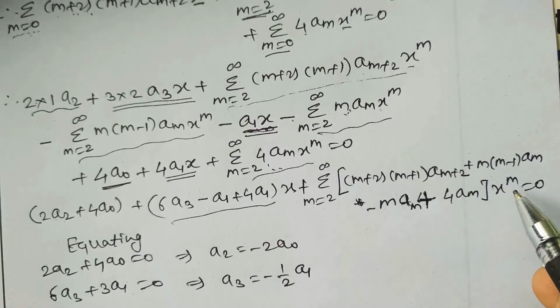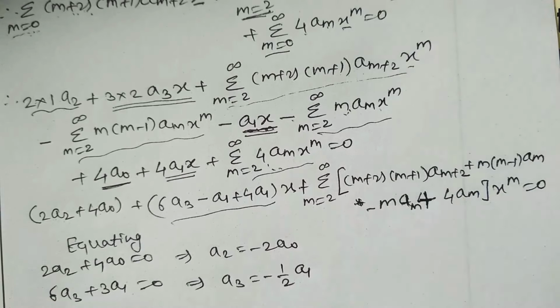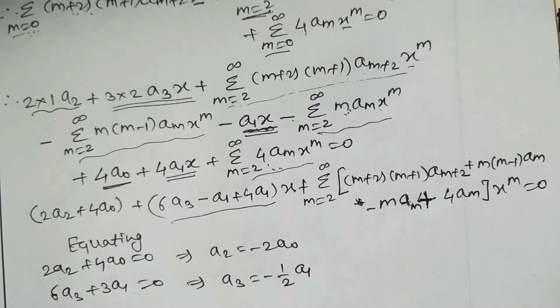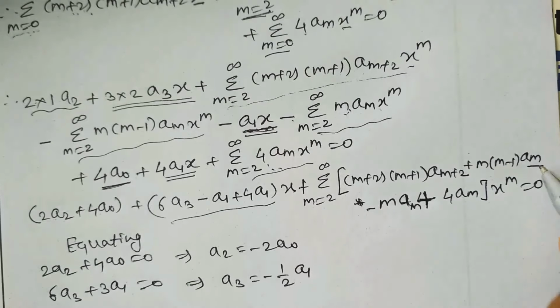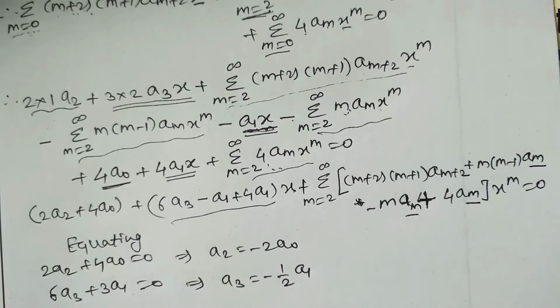And equate the coefficient of x raised to m to 0. So we will get (m plus 2) into (m plus 1) a(m plus 2) plus, now all these three terms contain am, so collect it. So we will get this plus times (m square minus m).